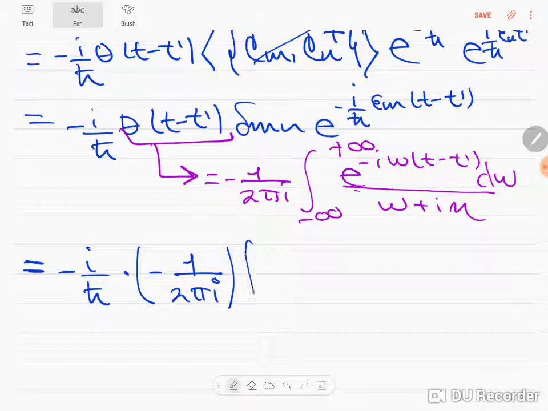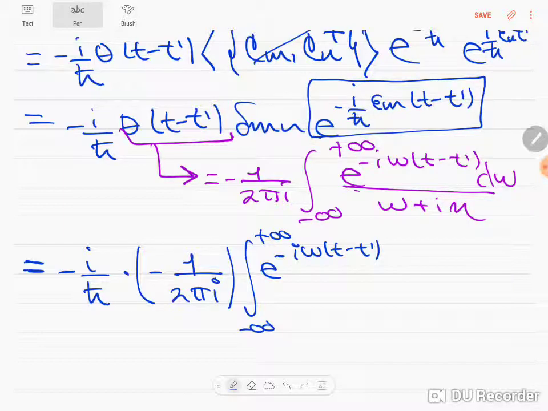integral here of minus infinity to infinity, e to the minus i omega t minus t prime. Now what we're going to do is put this term inside the integral, because this term does not depend on omega, so there's no problem.